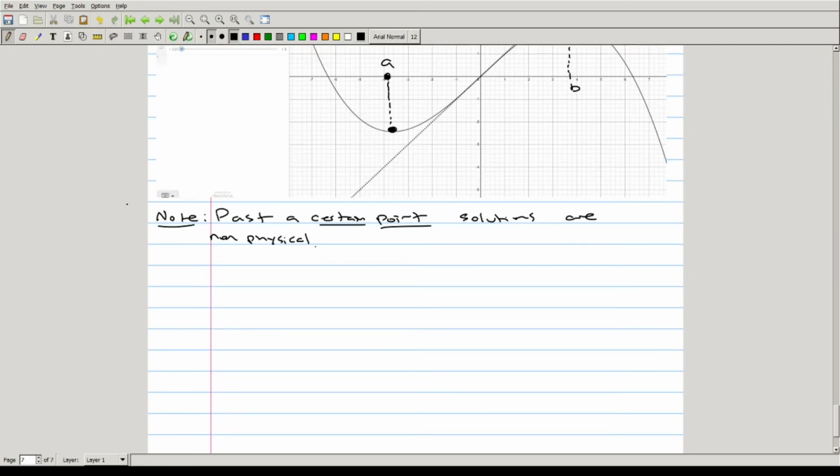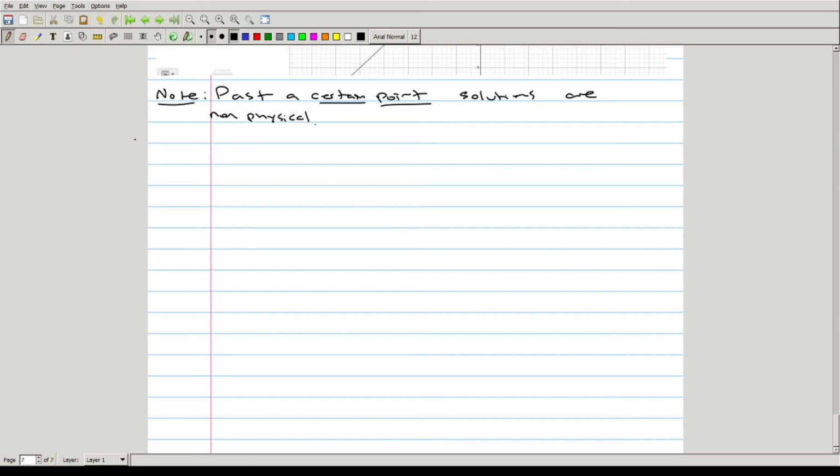So we've defined a soft spring and defined a hard spring now. And I think with the understanding of the soft spring, it'll be very, very clear.